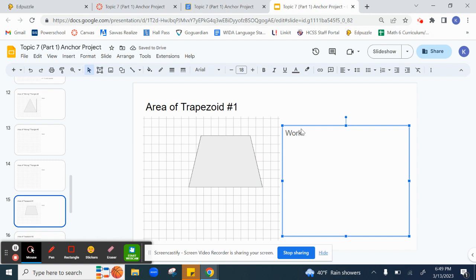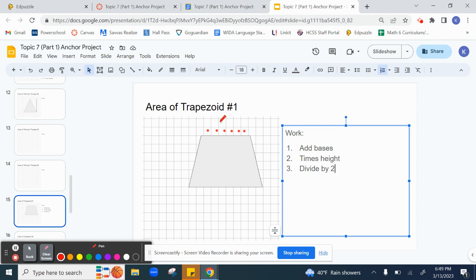So we know that there are 3 steps to the area of a trapezoid. Add the bases, times the height, and divide by 2. So first let's count out our 2 bases. The bases are the parallel sides. 1, 2, 3, 4, 5, 6 for one base.